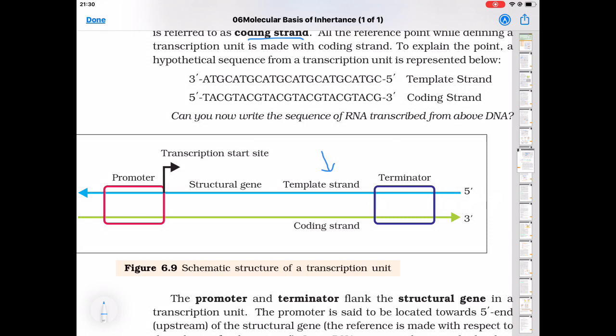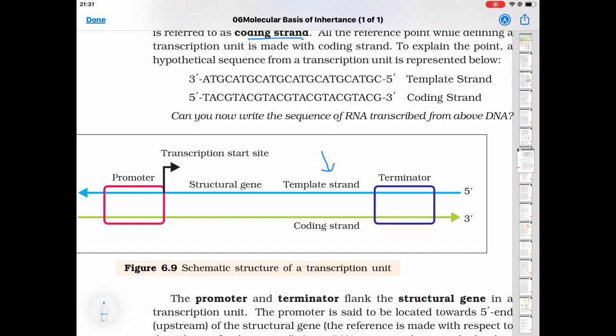In this form there is no change from the coding strand, only in place of T write U, otherwise the same sequence.